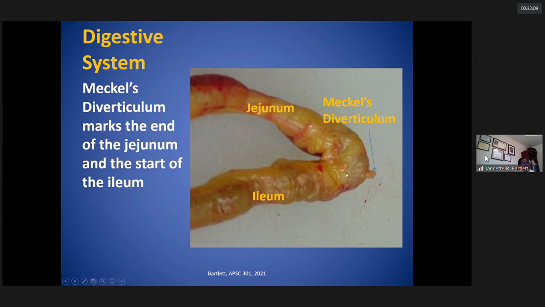This marks the end of the jejunum and the start of the ileum. So even though you don't have the chicken right in front of you, you can visualize what it looks like and how you would be able to tell what part is what part of the small intestines.